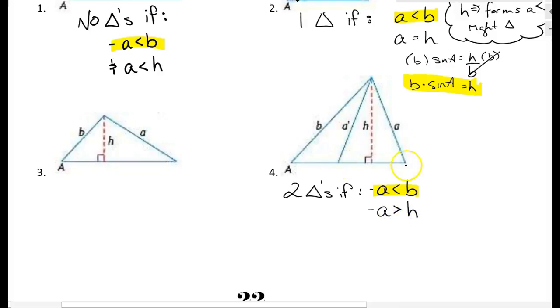And so what ends up happening is that's when our compass swings like this and touches this line in 2 separate spots. All of a sudden, we have 2 possible triangles. We've got triangle 1, which is the kind of default one, the one that's on the outside, giving us that obtuse angle at the top.